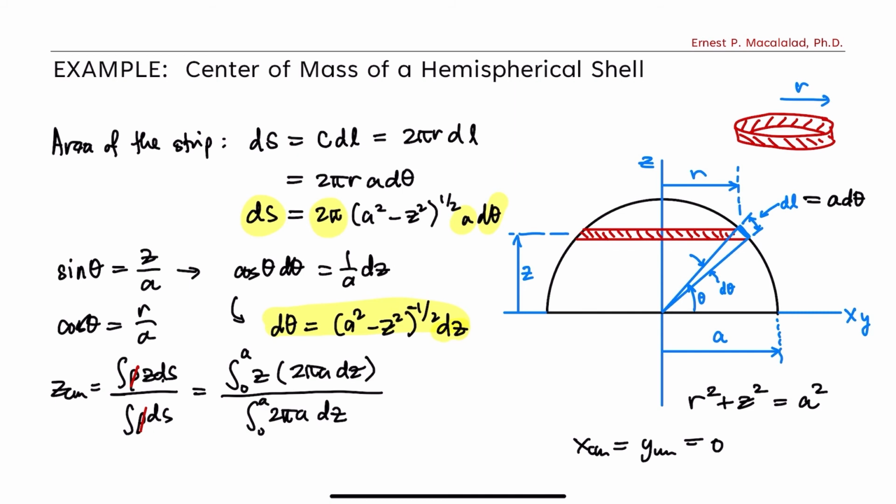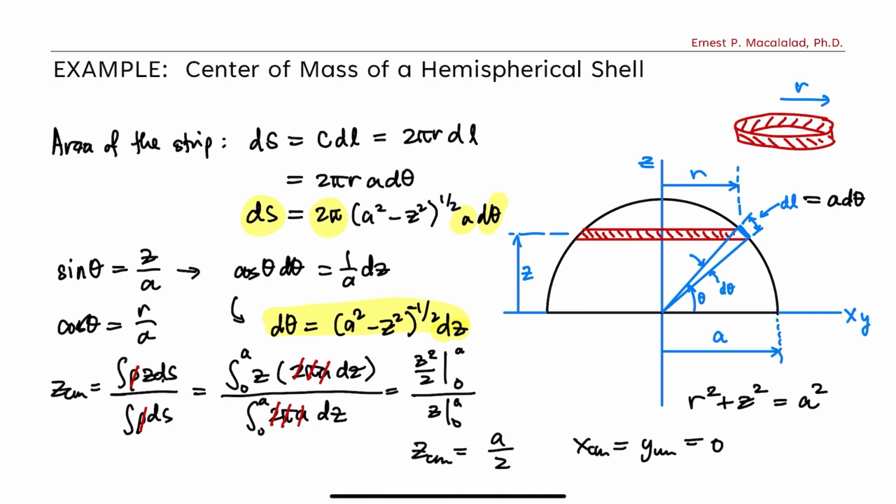Here we can cancel 2 pi a. So this becomes z dz, then integrate, and that becomes z squared over 2, evaluated from 0 to a. Then in the denominator, we have z evaluated from 0 to a, which will yield the result equal to a over 2.